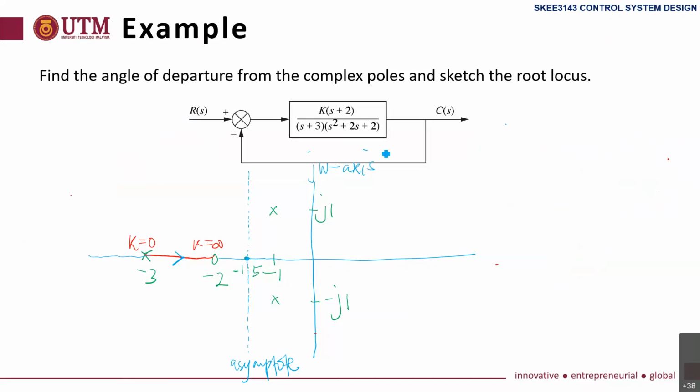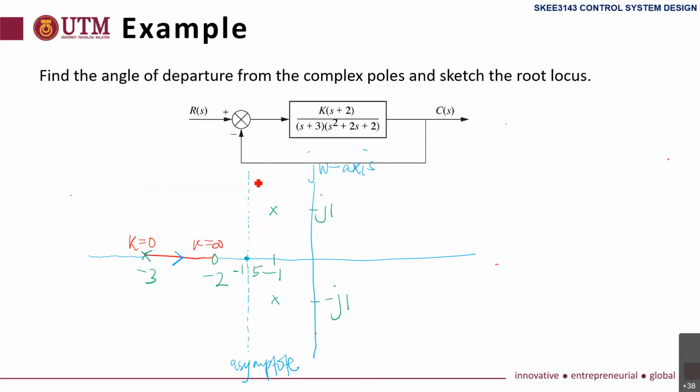In your opinion, does the root locus in this example cross J omega? No or yes? Okay, let's look into this in detail.